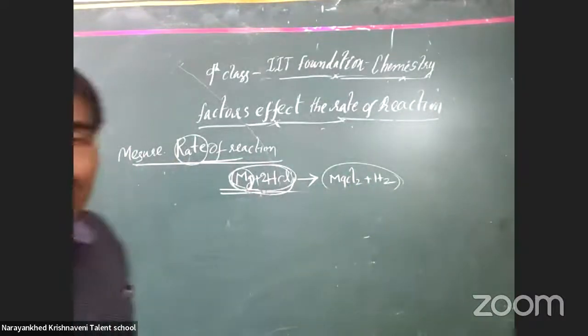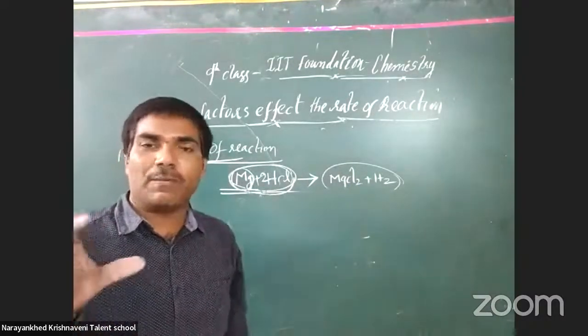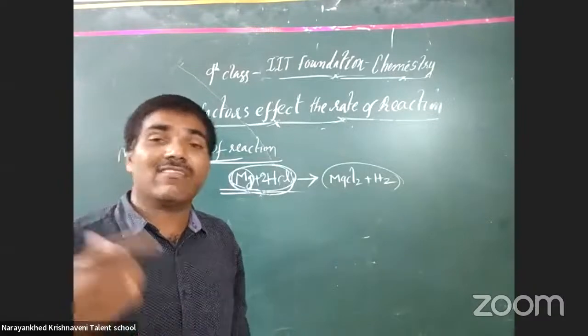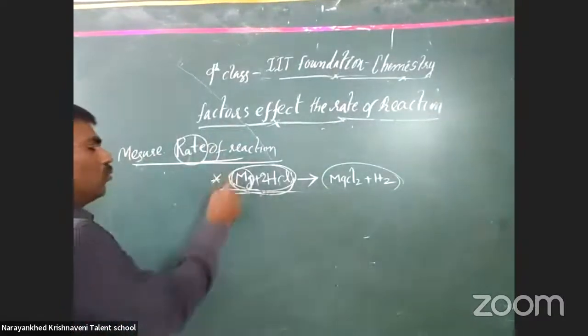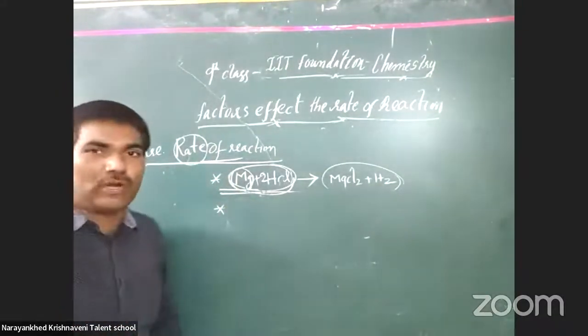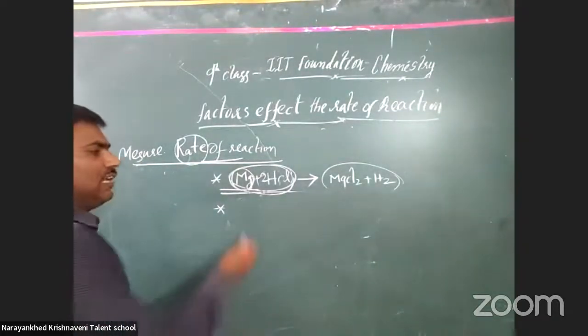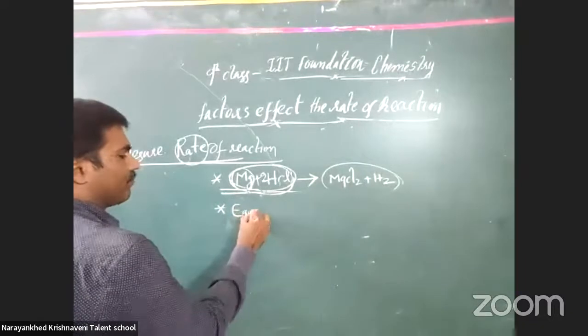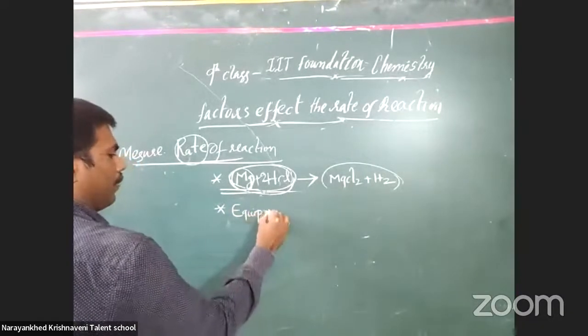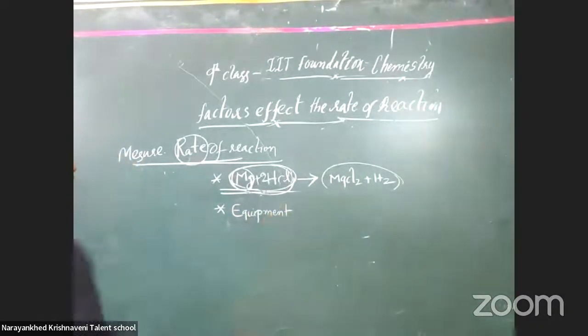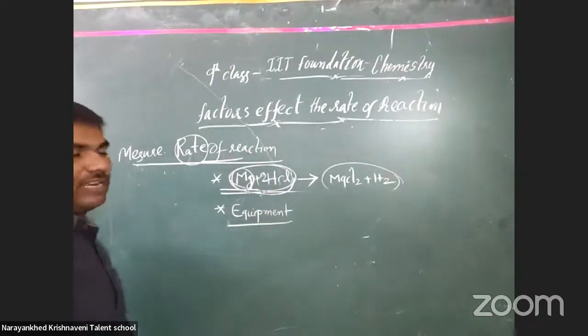Then this is about what chemical substance amounts are required. The next thing we have to know, the second point, is equipments. What equipments are needed? Yes, some equipments are needed here for finding the rate of reaction.